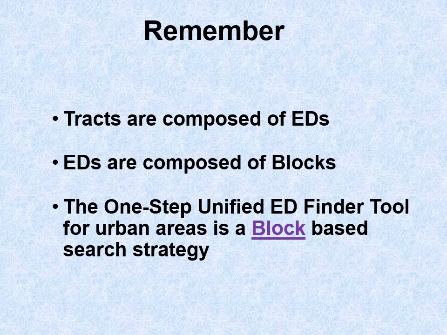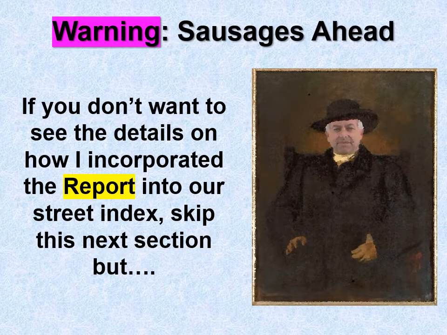The one-step unified ED finder tool that we showed you in the second of the four-part workshop for urban areas is a block-based search strategy. So what that means is we're going to have to figure out how to go from a tract to an enumeration district using information from the report.